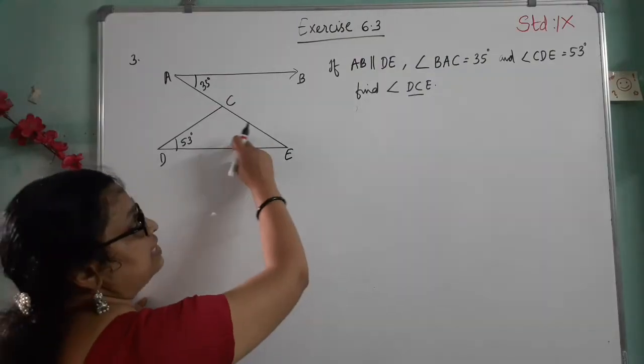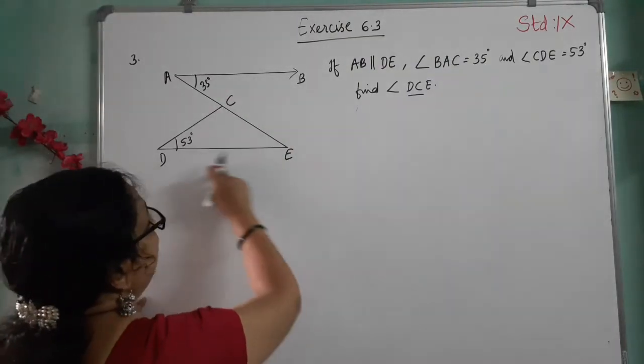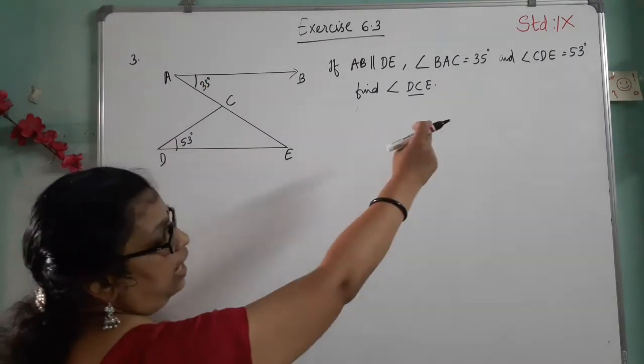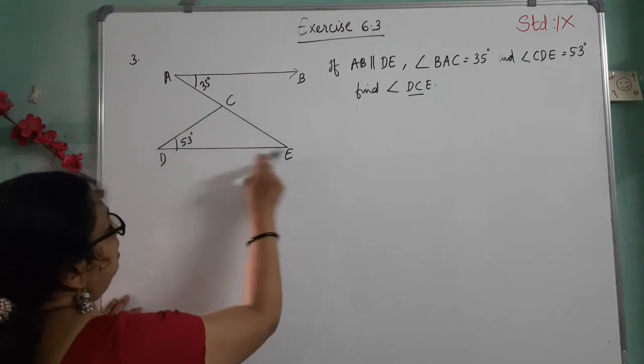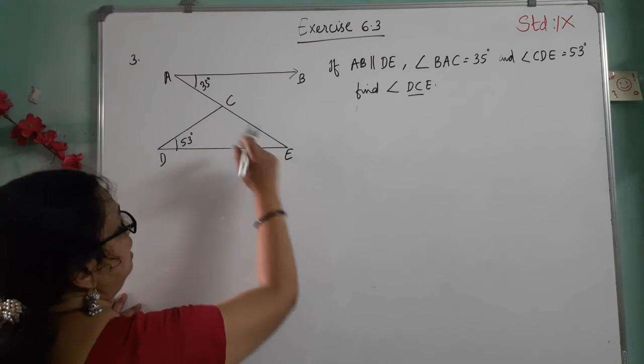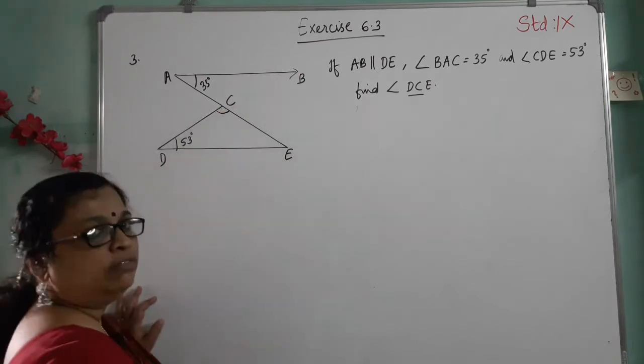Third question, figure is given. If AB parallel to DE, angle BAC, this angle, 35 degrees, angle CDE, this angle is 53 degrees, then find angle DCE, that is this angle we want to find.